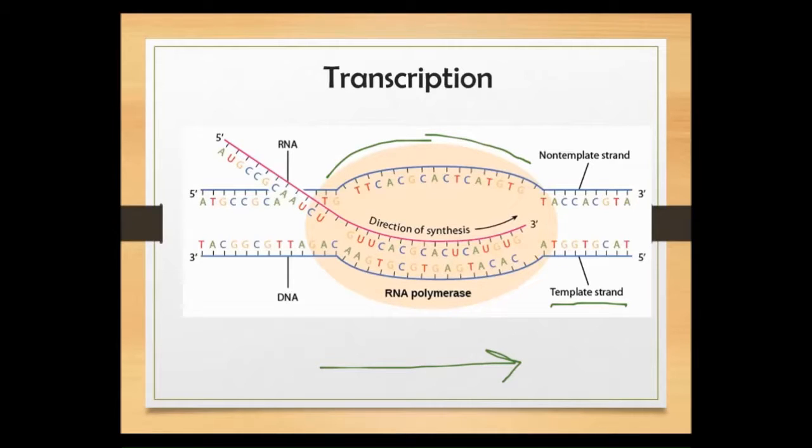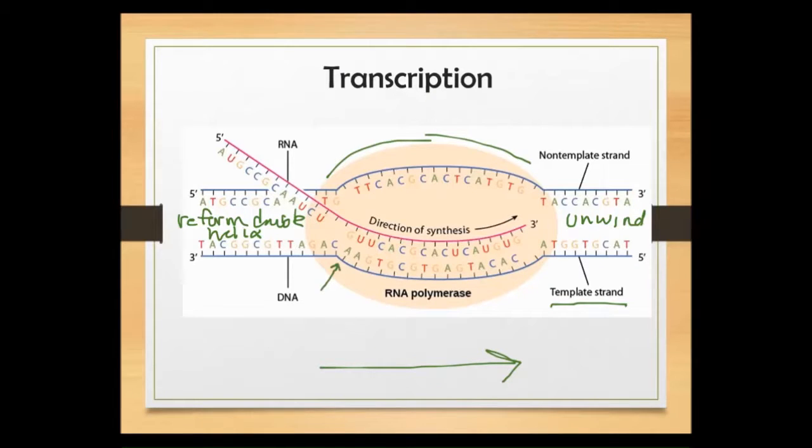RNA polymerase is moving, wobbling along our DNA, and as it's doing that, this is unwinding as it moves that direction, and then this is going to reform our double helix with our hydrogen bonds after RNA polymerase has passed over it. As RNA polymerase reads that template strand, it's going to put in the complementary RNA nucleotide.